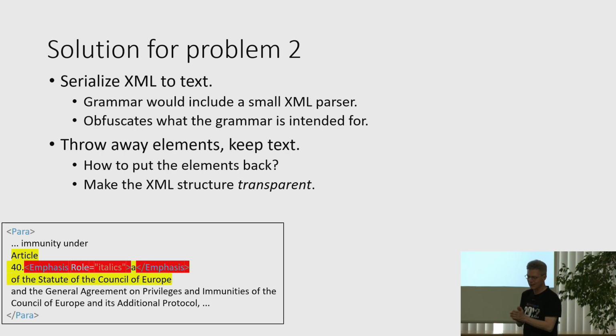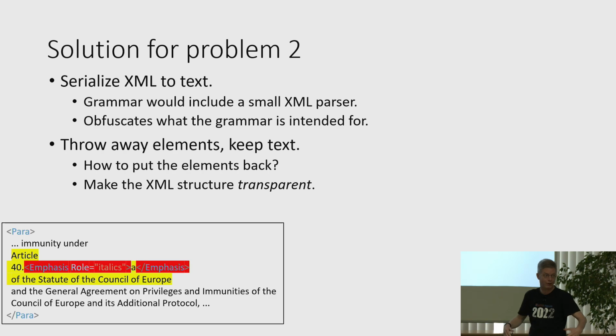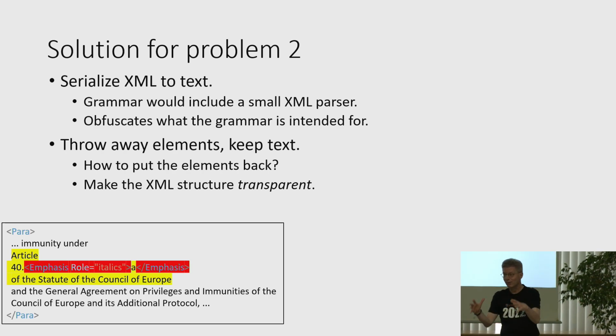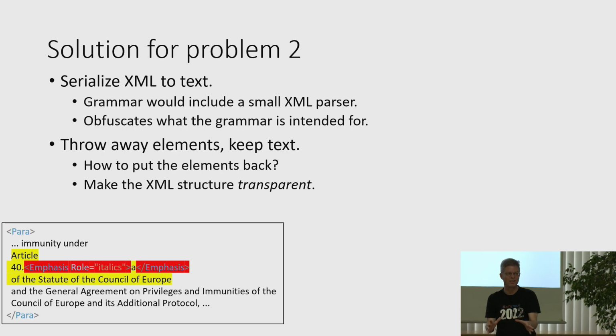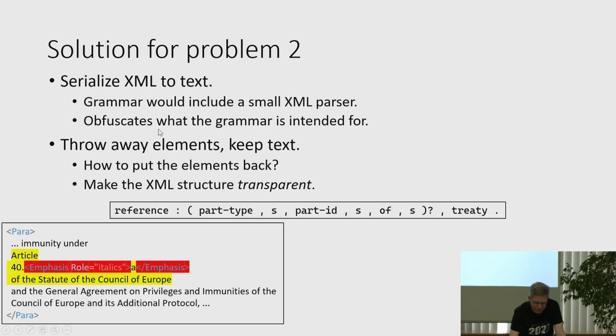And the way I've done that is to make the XML structure, which is marked red over there, transparent. So the parser parses the XML document or part of it, but it doesn't see the XML elements. So that's why this is called transparent Invisible XML.